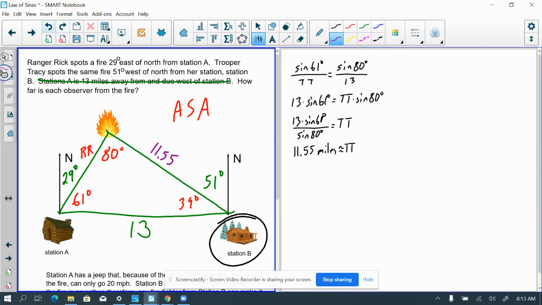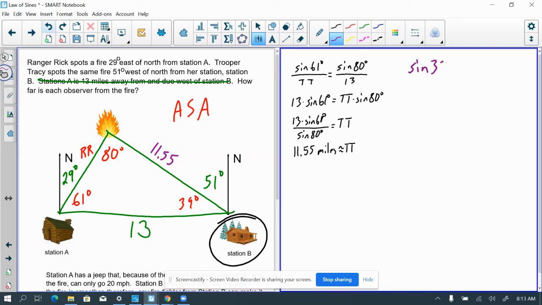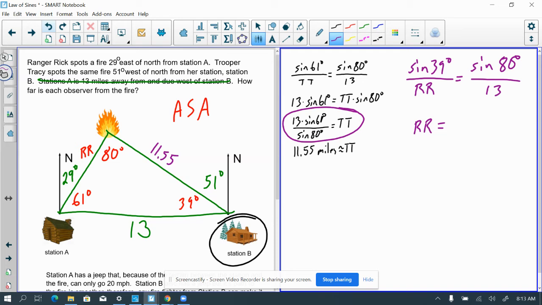So I'm going to start with the sine of 39 degrees over how far Ranger Rick is, divided by, I could do the same ratio, the sine of 80 over 13, cross multiply, solve, and I'm not going to do work twice. I'm just going to use this. I know that eventually it's going to be 13 times the sine of 39 divided by the sine of 80. And yeah, you can do that on the test as long as you show this first. You just can't jump to the end without showing work. It's all about the work.